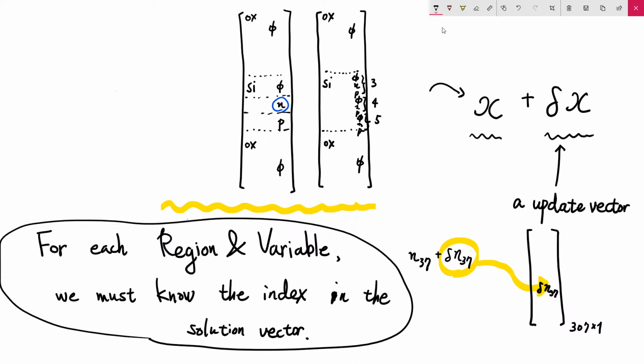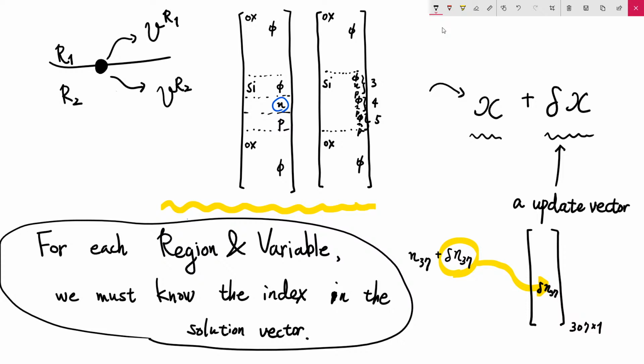One is, although it is not the most efficient way, if we have a certain interface point, then we have to define 2 or more variables for each region. So let's say that this is region number 1, region number 2, then we have to consider a certain variable for region number 1 and region number 2.